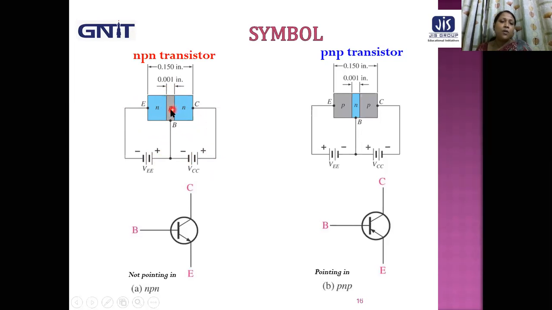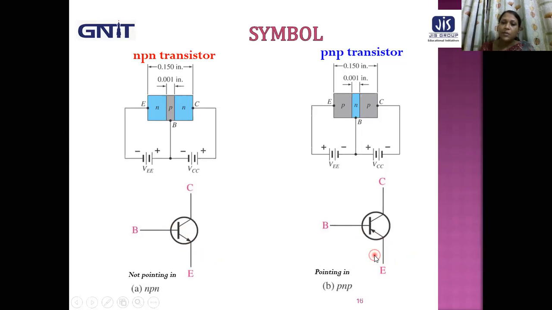So this is of the order of 1 micrometer and this is of the order of 1 millimeter, the total dimension of the device. This is showing the configuration of the PNP transistor and this is showing the symbol. The outward arrow at the emitter indicates it is NPN, and the inward arrow at the emitter terminal indicates it is PNP.